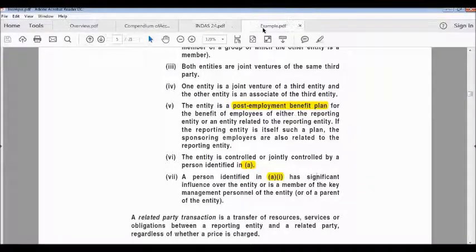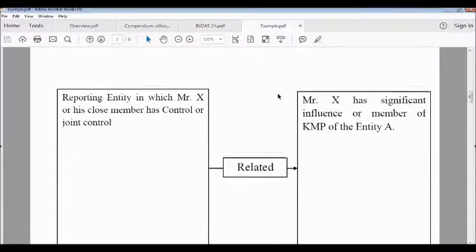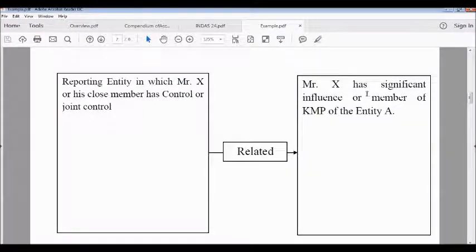So this is the second example. Mr. X has significant influence or is a member of the key management personnel of entity A, and also Mr. X or his close member has control or joint control over the reporting entity. So if Mr. X has significant influence or is a member of the key management personnel of entity A, and Mr. X also has control or joint control over the reporting entity, then the reporting entity and entity A will be related to each other.